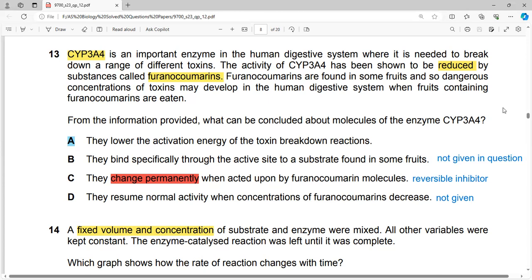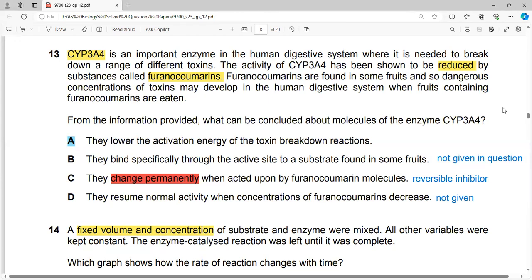So the enzyme decreases the activation energy and, using low energy, converts the reactant into the product. This function is reduced by furanocoumarin, the chemical. So A is our correct option here.